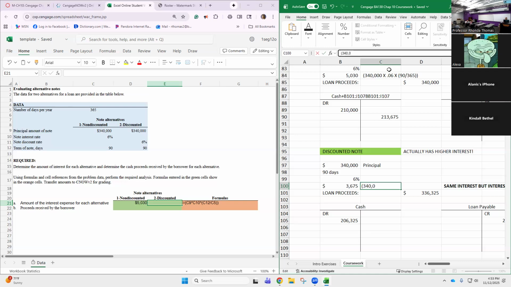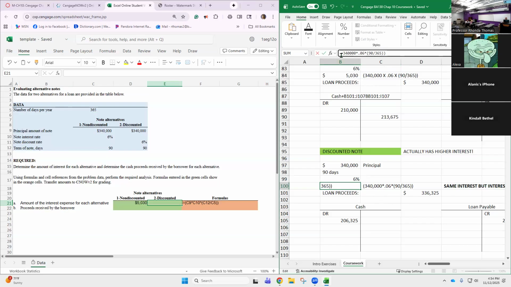So 340,000 times 6% times 90 divided by 365, close parentheses, and close parentheses again. There's the formula. Now I'm going to put it in my spreadsheet. Equals, $340,000 times 6% times open parentheses 90 divided by 365 and close parentheses.